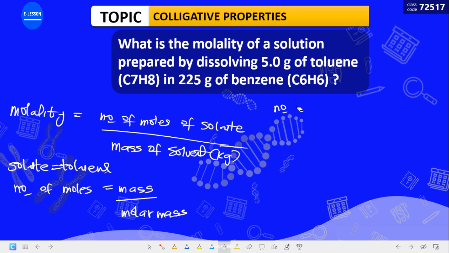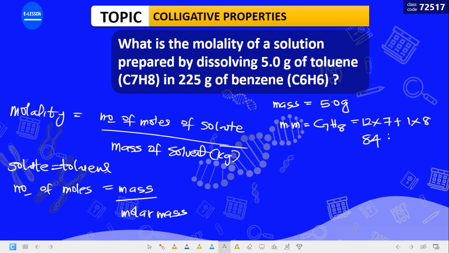The mass is 5.0 gram. The molar mass, sum all of them together. Toluene is C7H8. Carbon is 12 times 7 plus hydrogen is 1 times 8. 12 times 7 is, I think, 84, right? So this gives us 84 gram. 1 times 8 is 8. 84 plus 8.